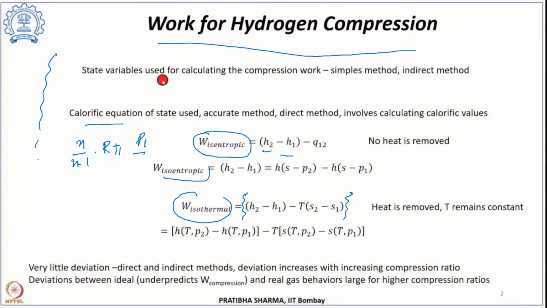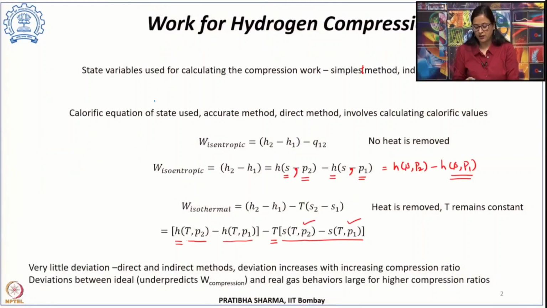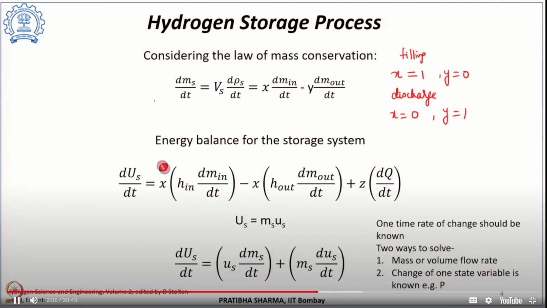Earlier it was the state variable function equations, which was difficult. It is actually simple, and all the things are the same. If you convert PVT into H and S, you get this. These are some sort of conversion process.